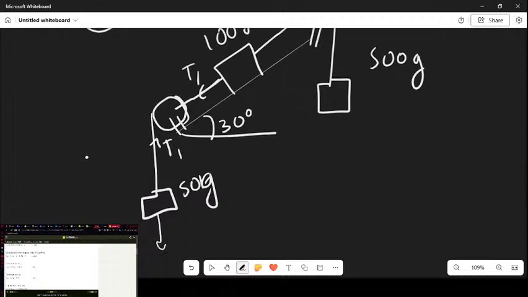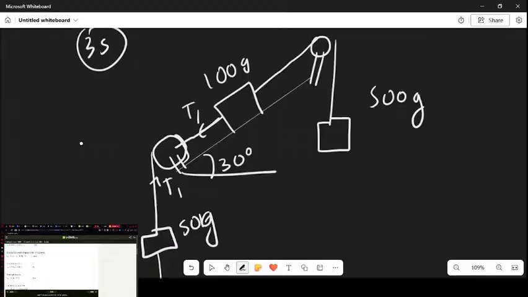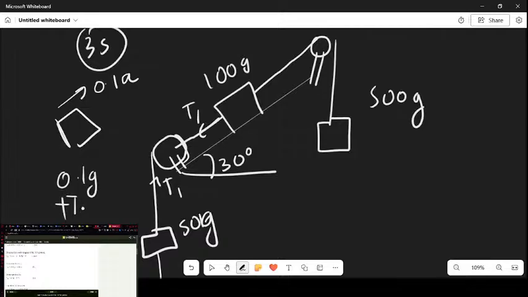That is T dash. Okay, I'll consider it T dash. T dash should be equal to 0.18.